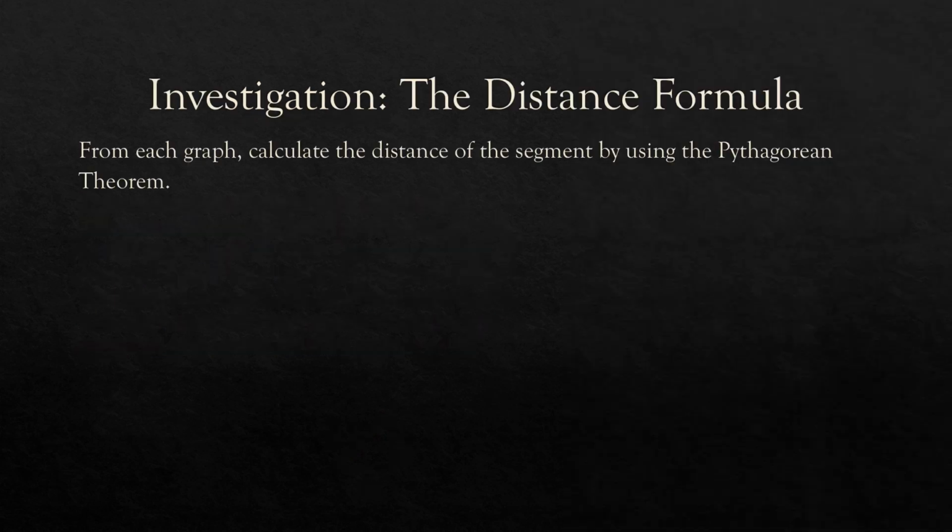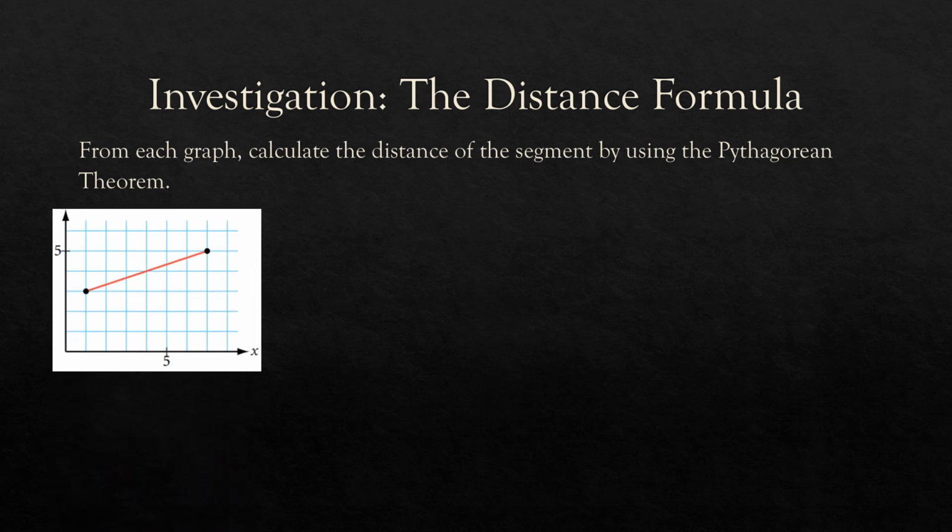We're going to do an investigation to find the distance formula. First, from each graph, calculate the distance of the segment by using the Pythagorean theorem. Here's our first one. If I were to draw my triangle in, I have 2 on this one and 6 down here.